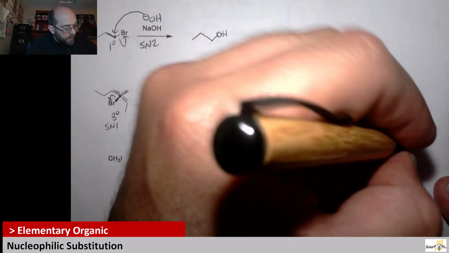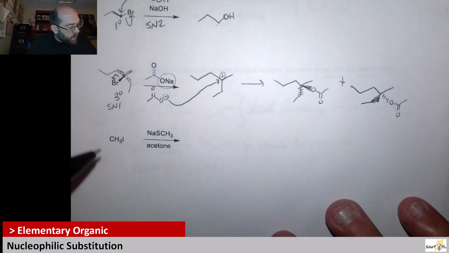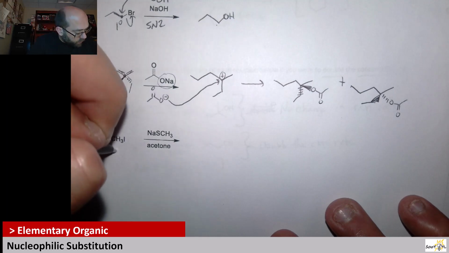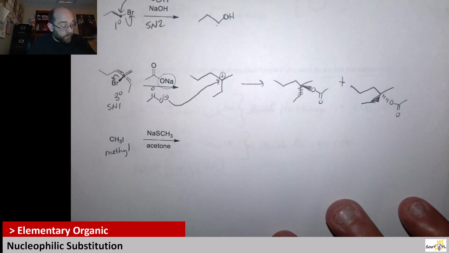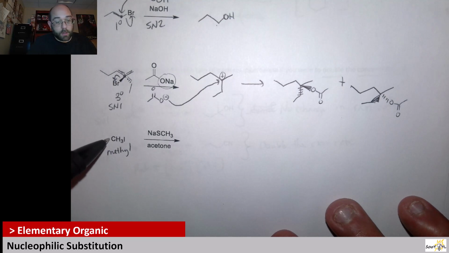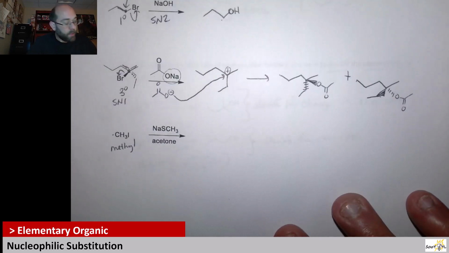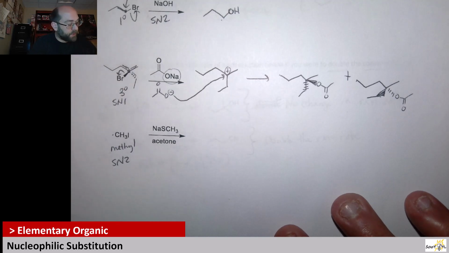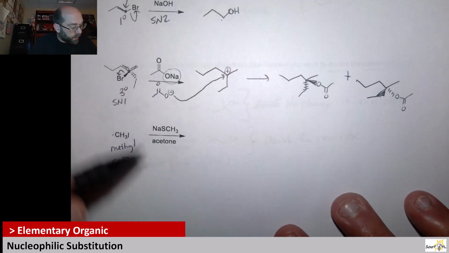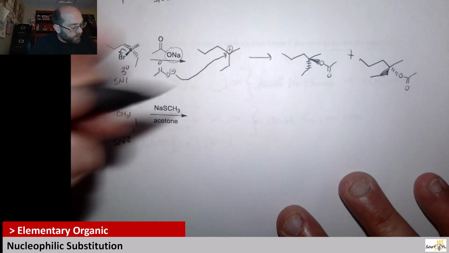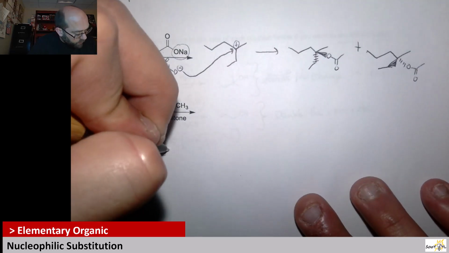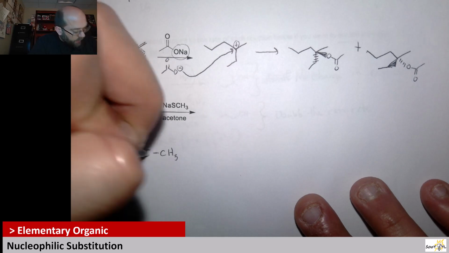Okay, and lastly, we have a methyl iodide. Well, that's a methyl group, right? Because that carbon has no other carbons on it, so that's a methyl alkyl halide. So it's also going to do only SN2. And so this is just a direct nucleophile attack and kick off the iodide. So if I elaborate just a little bit, I'll show the bond here.